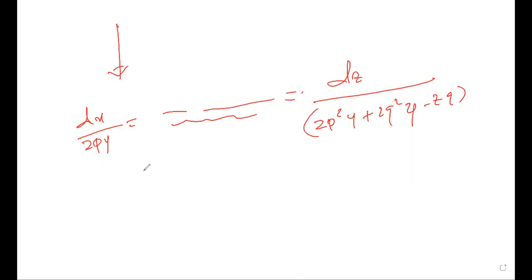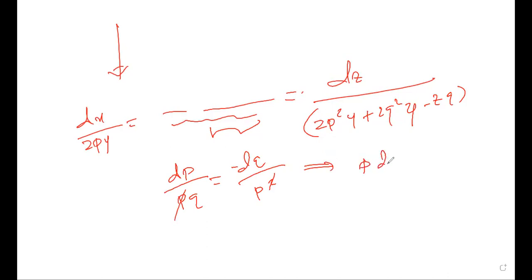Then we're going to take two terms here, like that: dp over p, q is equal to dq over minus p squared. If you simplify, it will be p dp is equal to minus q dq.